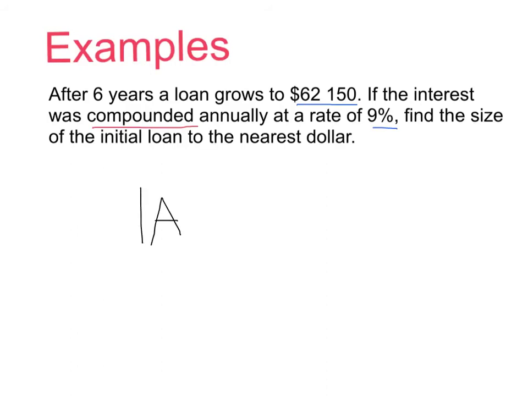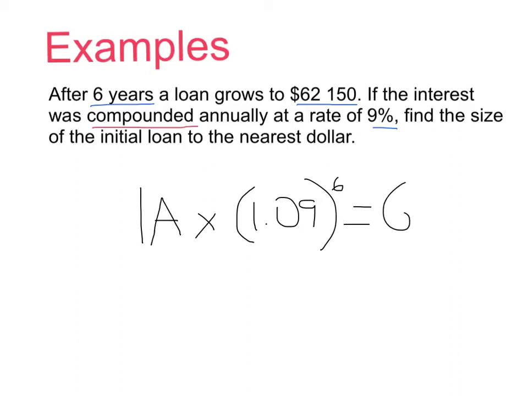That's my initial amount. And I know if I followed the same steps as I did before, 9%, so 100% of itself plus 9%, and it went for 6 years, because I know my loan went for 6 years, it would have come to $62,150.